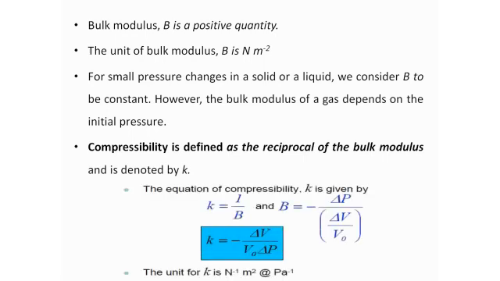So the equation for compressibility is k equal to 1 by B, where B is the bulk modulus. As we know, B is equal to minus delta P divided by delta V by V naught, so k can be written as minus delta V by V naught delta P. The unit for compressibility is per Newton meter square.